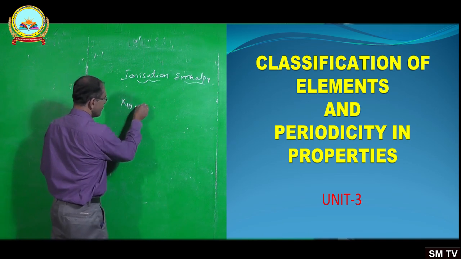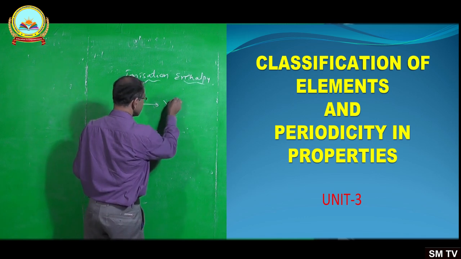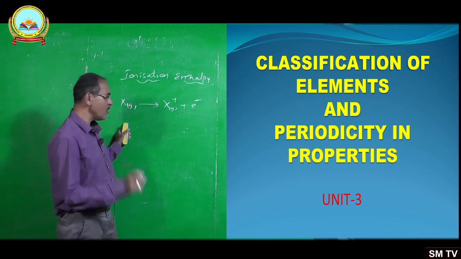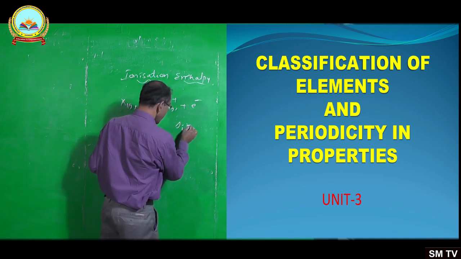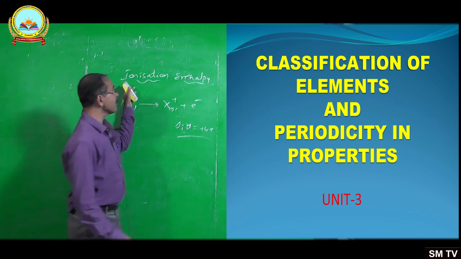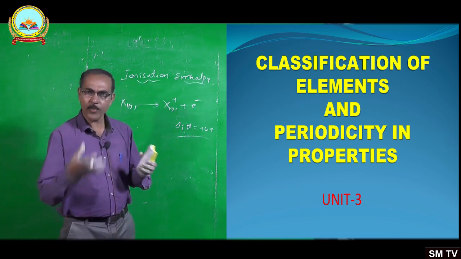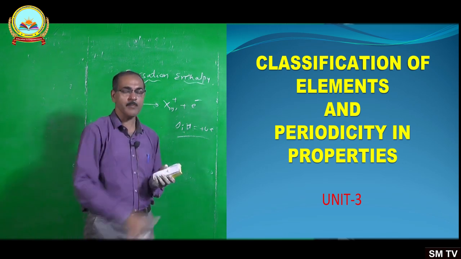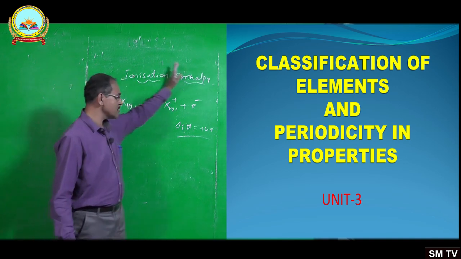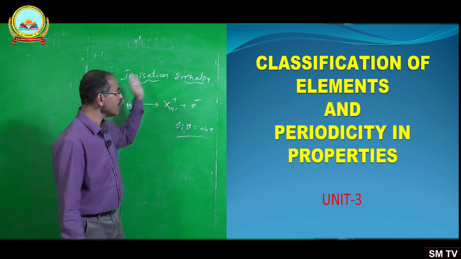X gaseous atom gives X plus gaseous plus electron. This is how we explain the process. And remember, delta H i, the ionization enthalpy, is always a positive quantity. The reason is, to remove an electron, energy has to be supplied to the atom. Otherwise, you cannot remove the electron. So, this process is always an endothermic process.